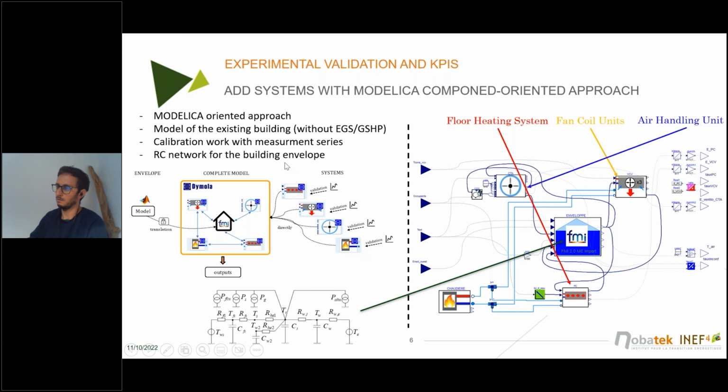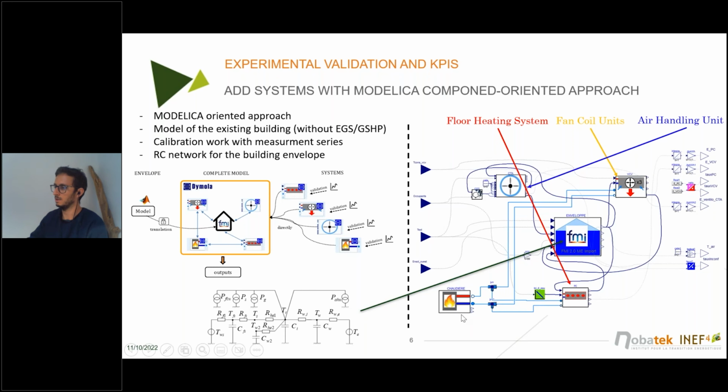So in fact, we took the same approach with the systems, and at the end we connect the envelope and the systems together to create this big model in the Modelica environment. You can see here the RC model, which is inside this brick, and the systems here that are connected to the building.